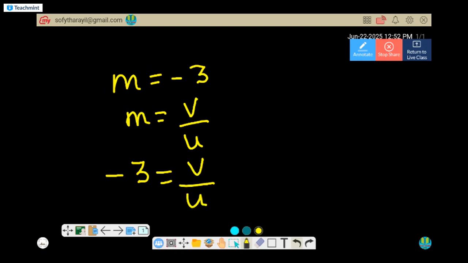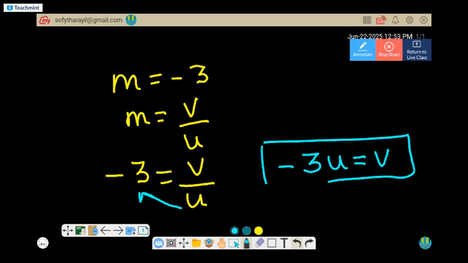So I'll shift the U to the left side. It will become minus 3U is equal to V. Now wherever you have V, you will substitute that as minus 3U. So write this down. This extra work we'll have to do to get to our answer.